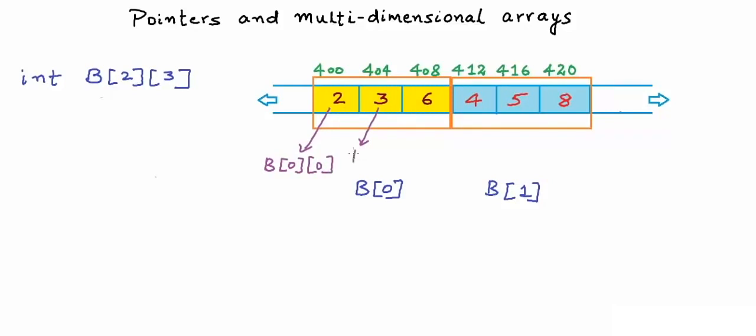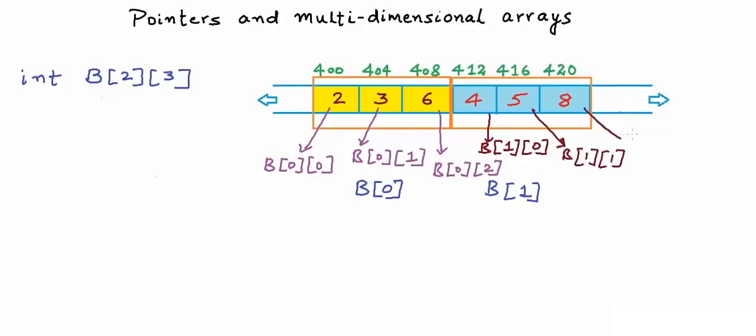The next integer, that can be accessed as B0[1], the 1st element of B0, will take the next 4 bytes starting 404, and the next one will be B0[2], the element at index 2 of B0. Similarly we will have 4 bytes for the 0th element of B1, 4 bytes for the 1st element, and 4 bytes for the element at index 2 of B1.